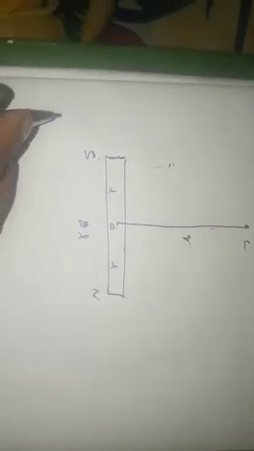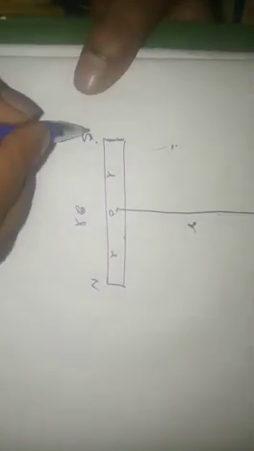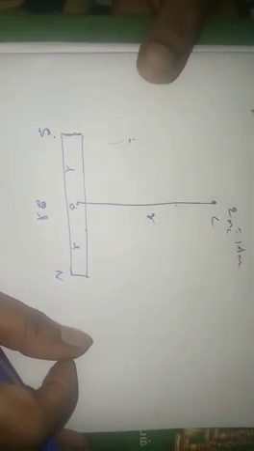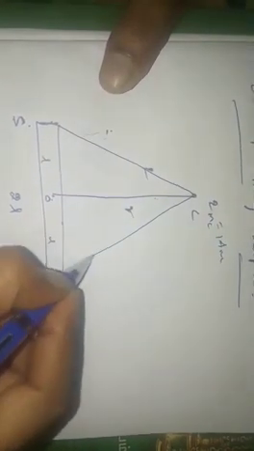Before that, at point C, the force due to the south pole and north pole will be resolved into two components. Due to the south pole, the direction of force will be towards the magnet. And due to the north pole, the direction of force will be outward.